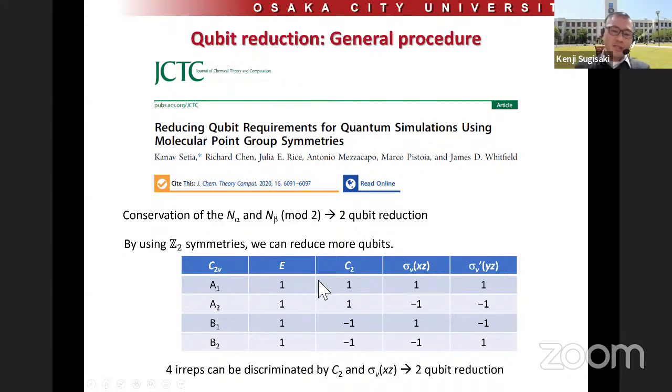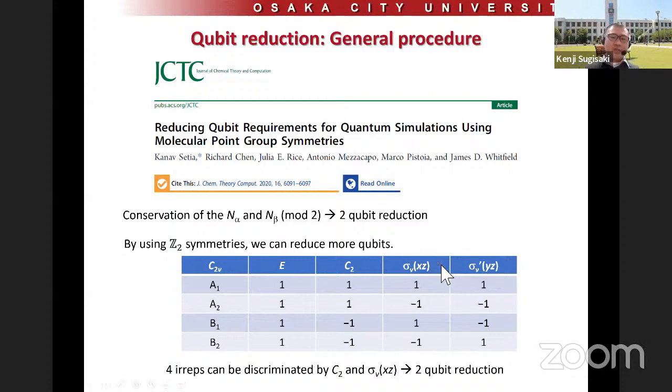So in this case, the Hamiltonian is block diagonalized, of course, to make each block diagonal space contain only the A1 or A2 or B1 or B2 operators. And this operation can be discriminated by using the C2 and sigma_v operations.